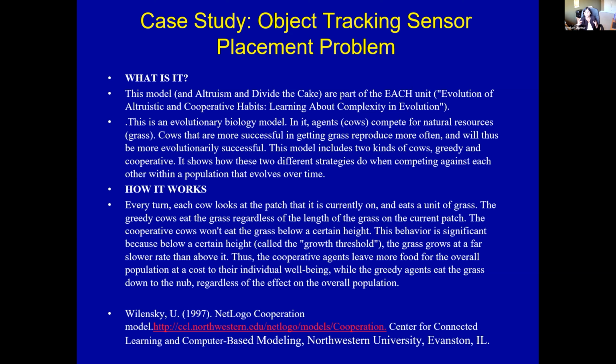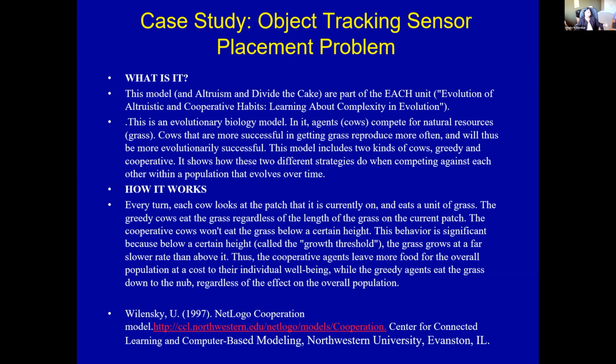How it works is that every turn, each cow looks at the green patch it is currently on and eats a unit of grass. The greedy cows eat the grass regardless of the length of the grass on the patch, while cooperative cows won't eat the grass below a certain height. This continues, and the grass will grow if it is at a certain height.